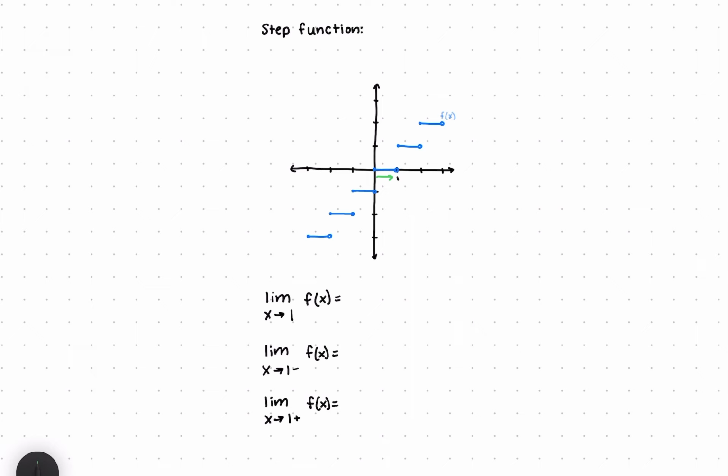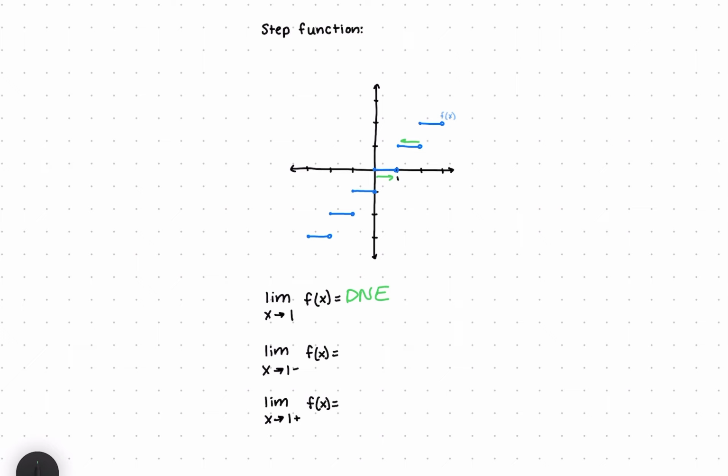Now, if we take a look from the right, or where the values are greater than x equals 1, approaching from that side, we'll see we're getting closer to that value of 1 for the step function. So now we have that problem where the values do not match up as we approach from both sides. And again, this means that the limit does not exist. So write in that DNE.